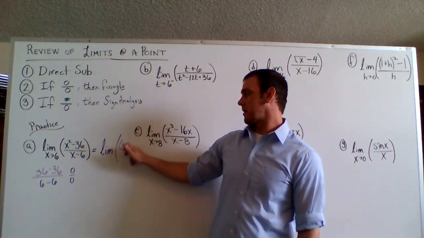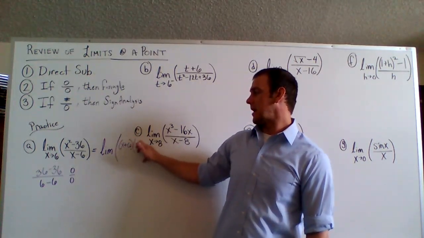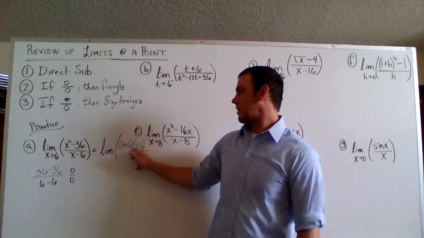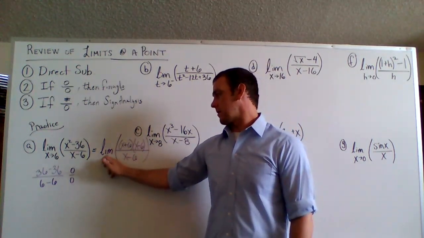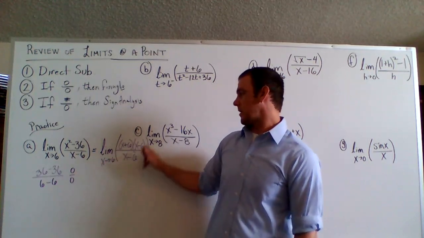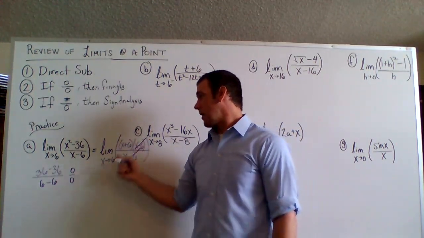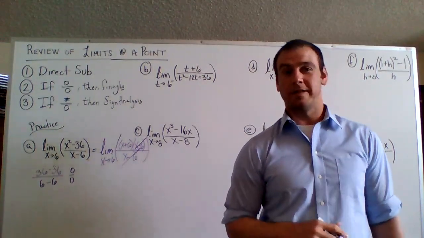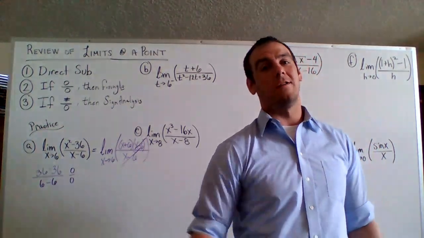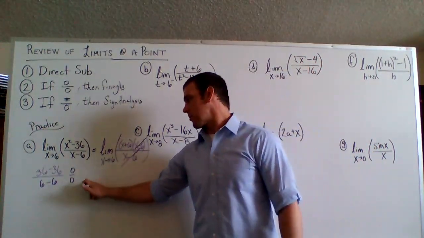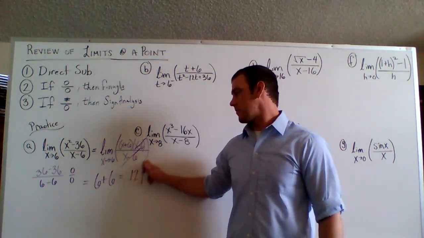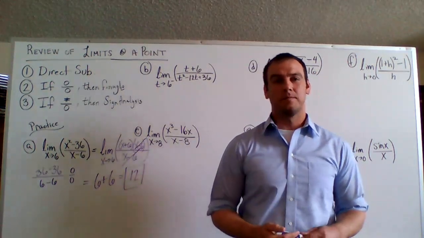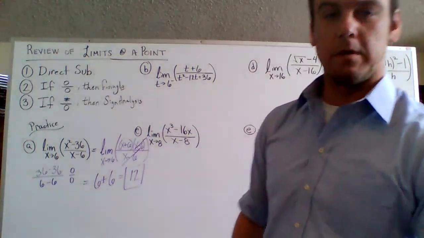We've got an x plus 6, an x minus 6, all divided by x minus 6, and x is approaching 6. So my x minus 6 is canceled. I'm really going to be left with x plus 6, at which point I can do my direct sub, which is going to give me 6 plus 6, making 12. So the first limit is just going to be 12 on that one.